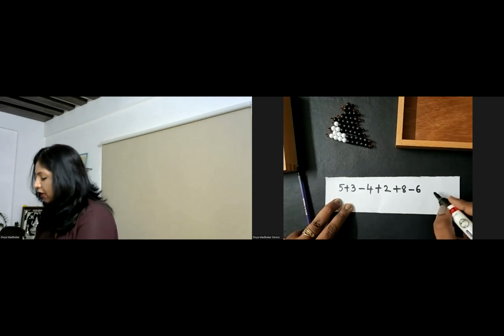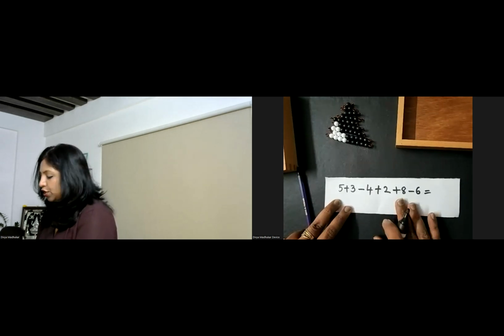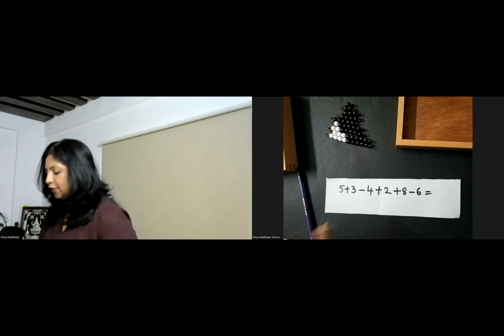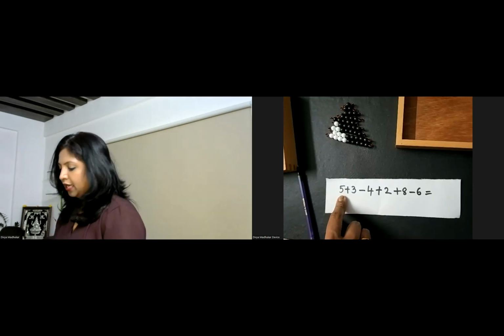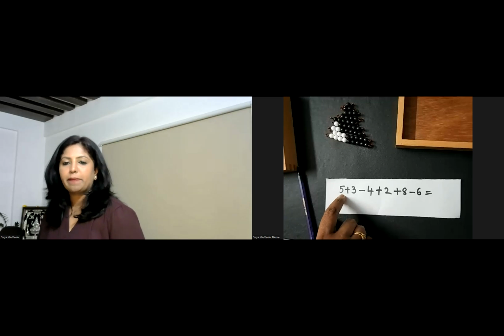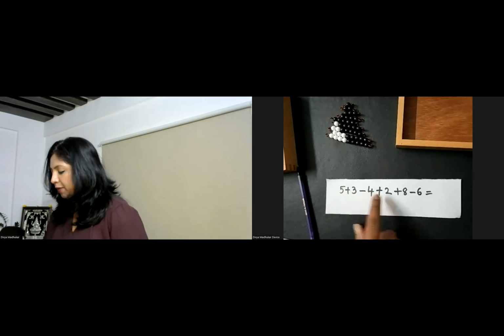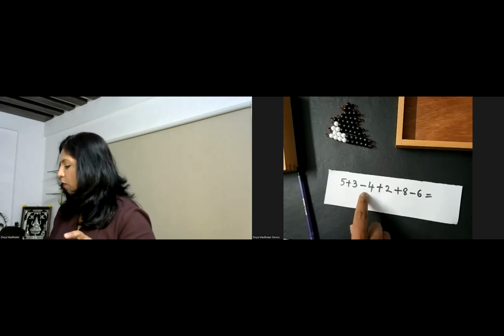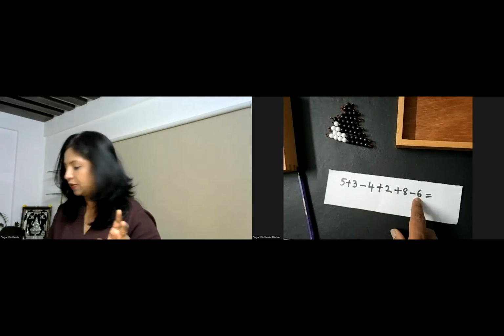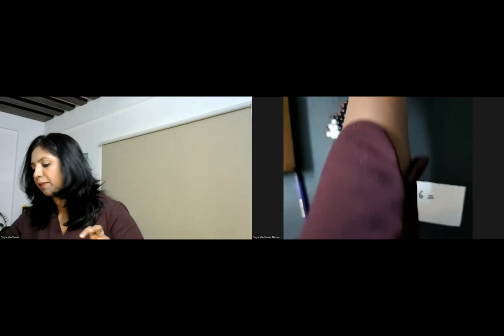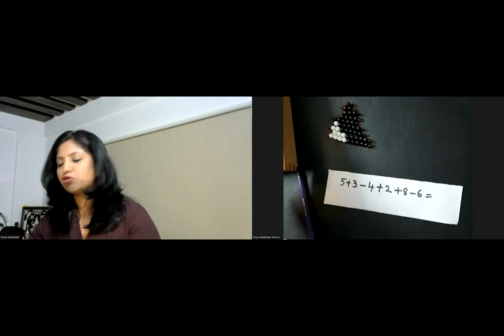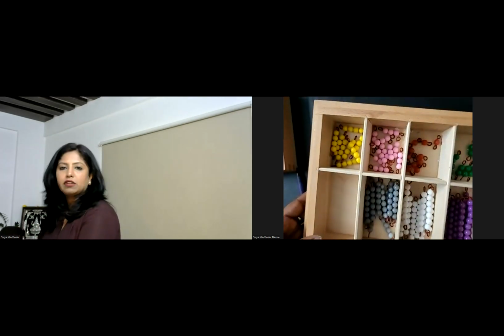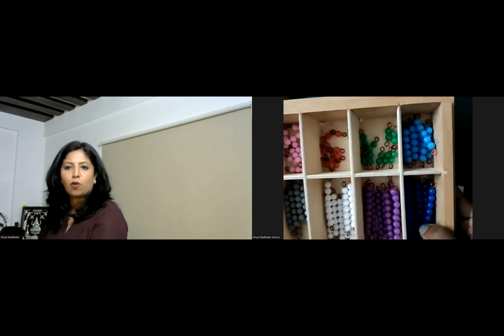Oh, sorry, I've given minus 6. Okay. So anytime there is a positive number, like plus 5, plus 3, plus 2, plus 8, these are positive numbers. Minus 4, minus 6 are negative numbers, right? So for positive numbers, which material do we use? We use this material, that is the teens quantity.